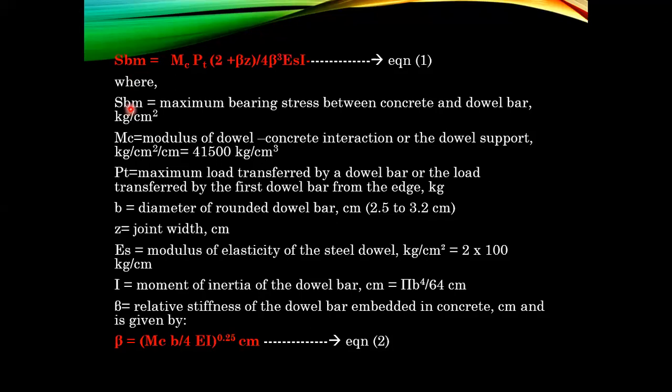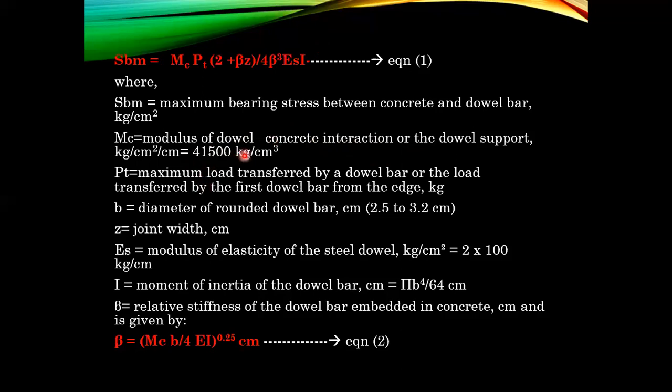First term is SBM. SBM means maximum bearing stress, where stresses will be acting between the concrete and dowel bar. Next term MC. MC means modulus of dowel concrete interaction. That will be 41,500 kg per centimeter cube.